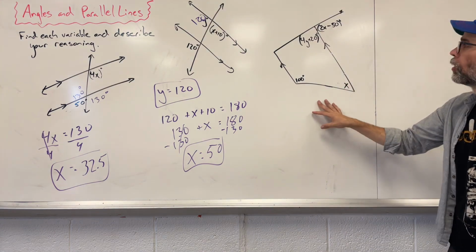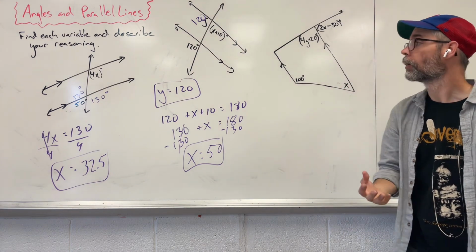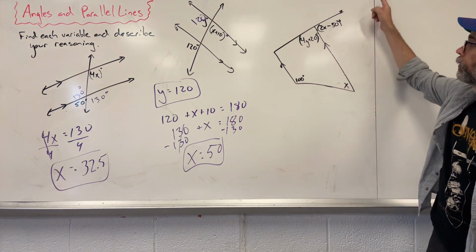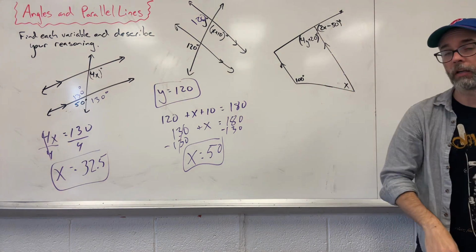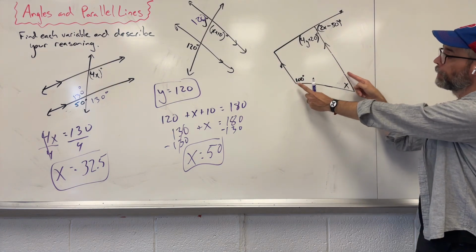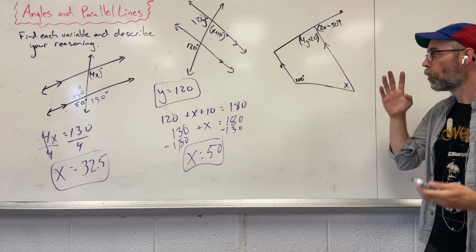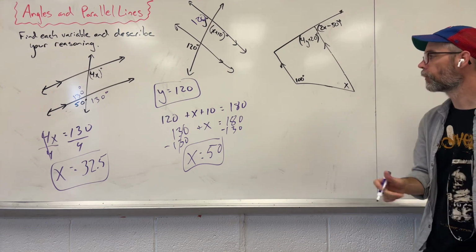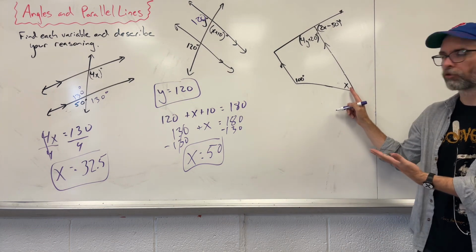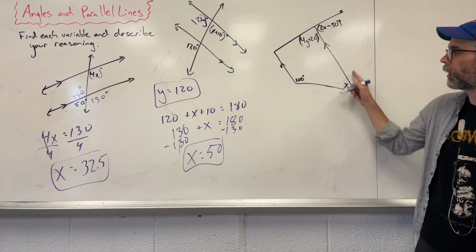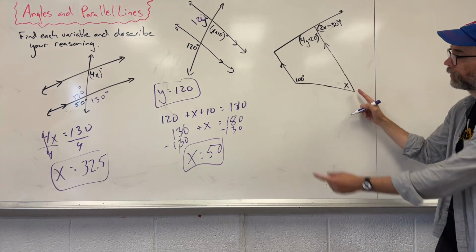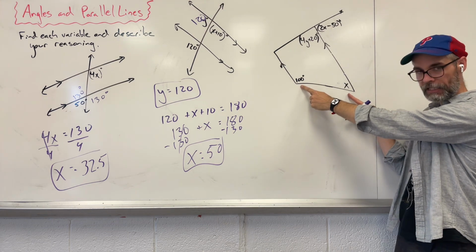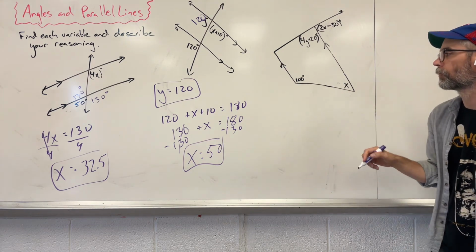Now, last, we have a complicated looking picture. We have one ray and a bunch of segments in here, but still I know that these are parallel lines. So with that, let's find the easiest part that we can solve first. I'm going to go with just a straight up x, because when you have parallel lines and a transversal that cuts through, these two are consecutive interior angles because they run along that transversal.